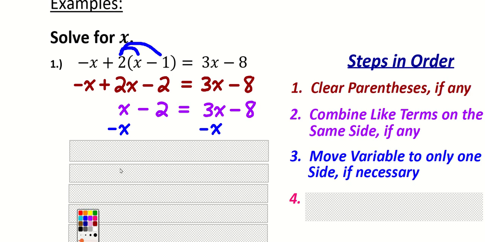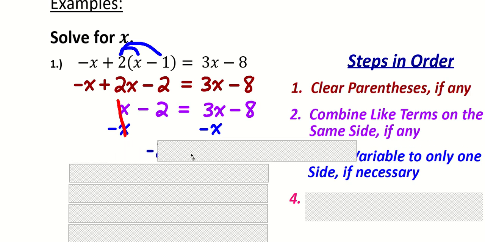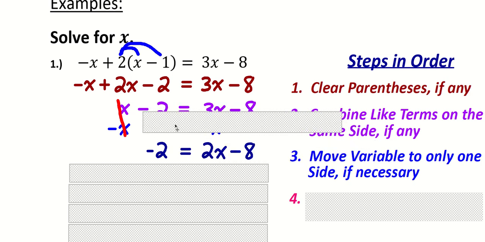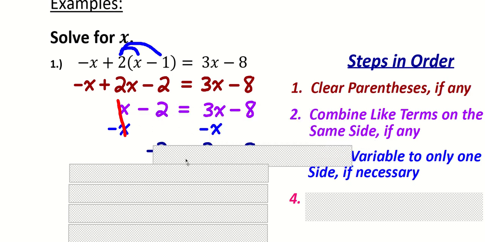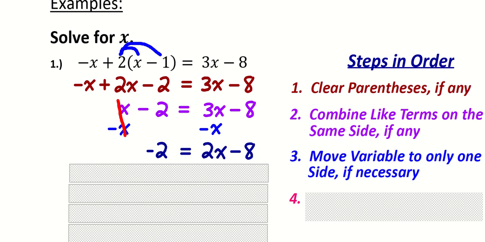And so that's going to leave, change color here. So that cancels out over there. And so the left side is now just going to be the -2. Remember, it's really subtracting, it's really a -2. And then the other side becomes 2x, and then with the -8.